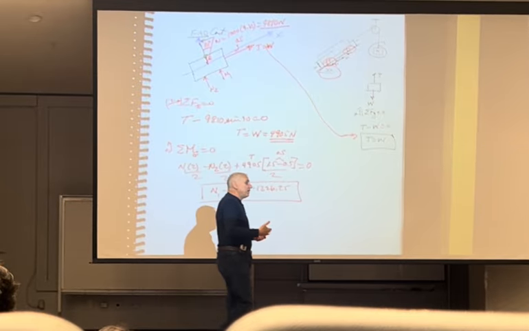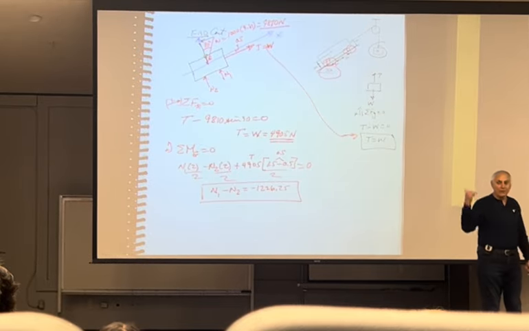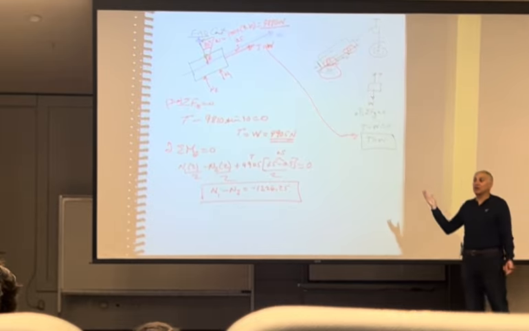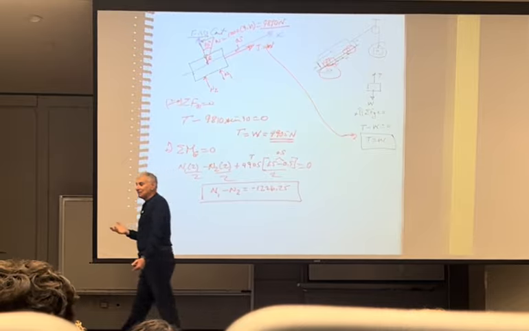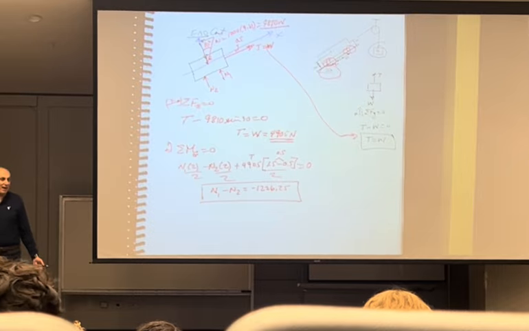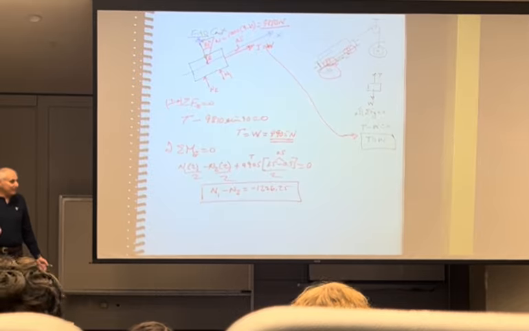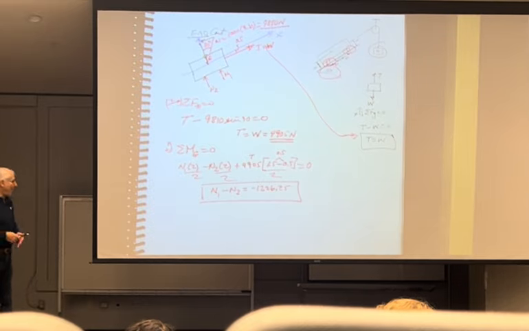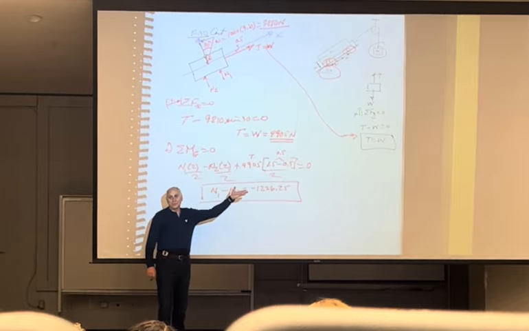So where you take a moment has a bearing on whether the moment gives you a value or not. If you take a moment at a place that does not eliminate unknowns, you're going to get an equation. I took a moment at G. Was that an ideal location? Not really. I should have taken it at N1 or N2 to eliminate one of those unknowns. By doing that, I ended up with an equation, not a value.